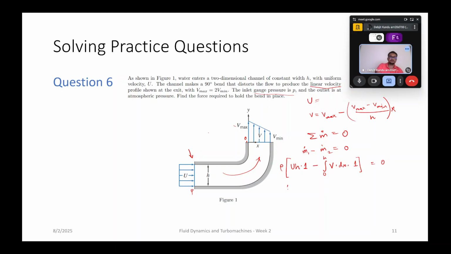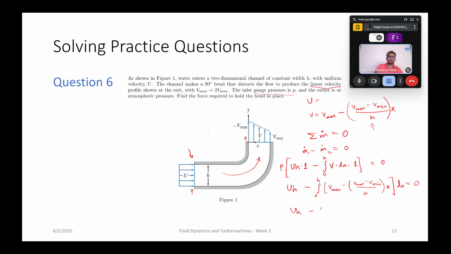Now let's try to do the integral now. So 0 to h. V we wrote over here. So that would be V max minus (V max minus V min) divided by H into X integrated over dx equals 0.